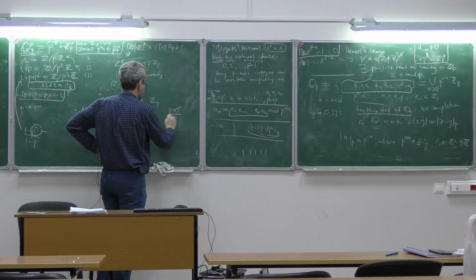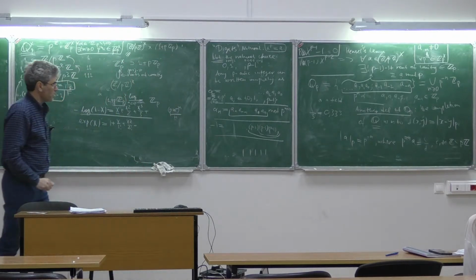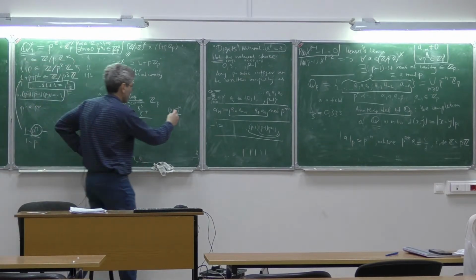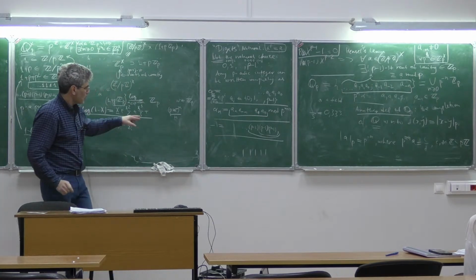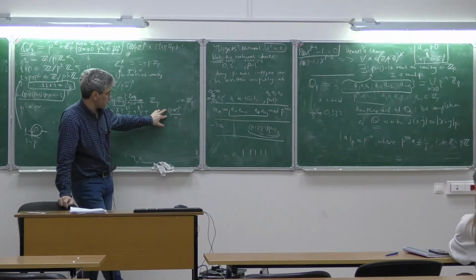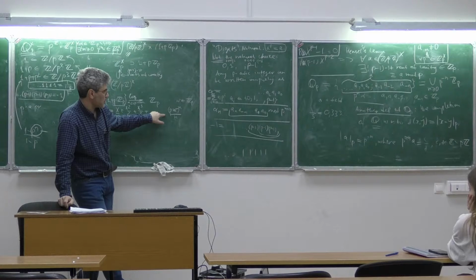We just assume that w is an integer, and we want to know whether this is an integer and whether this tends to 0 when n grows.